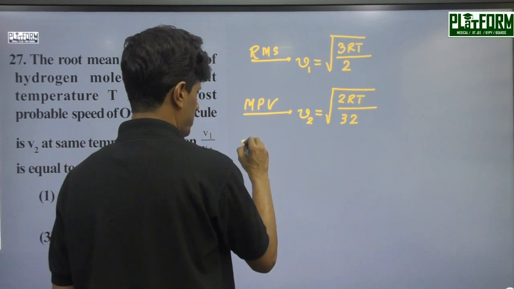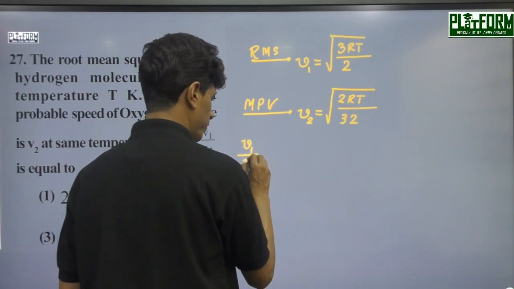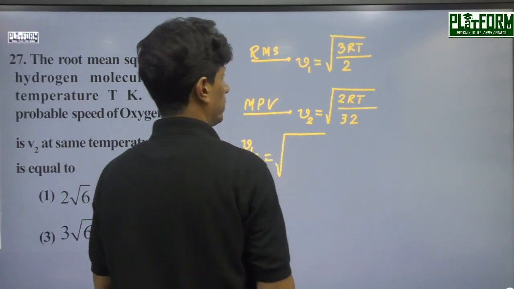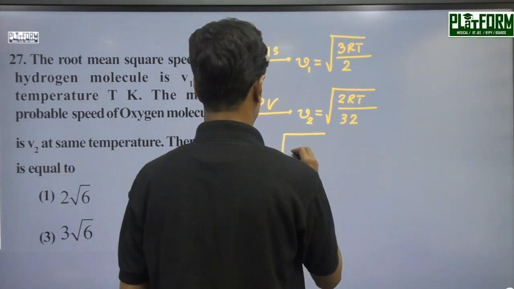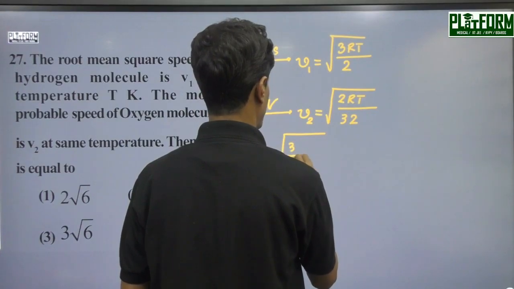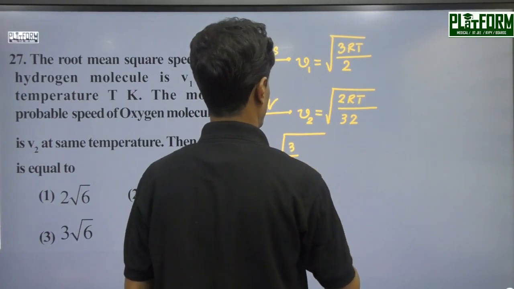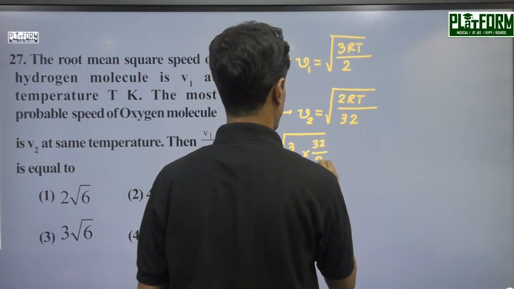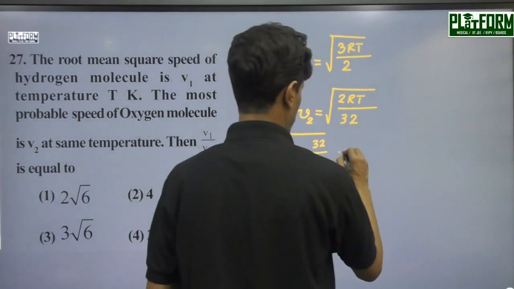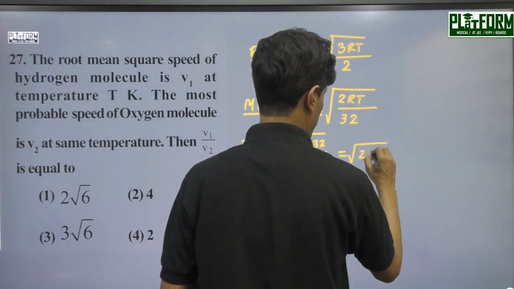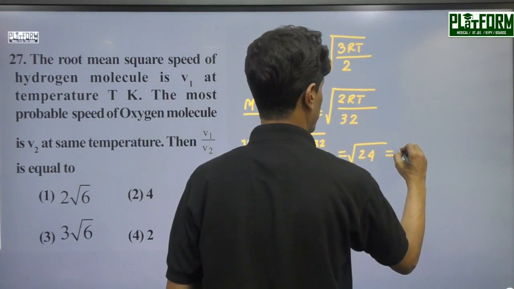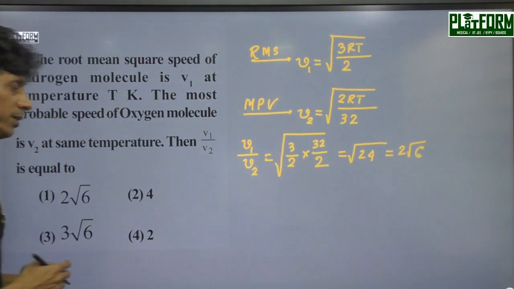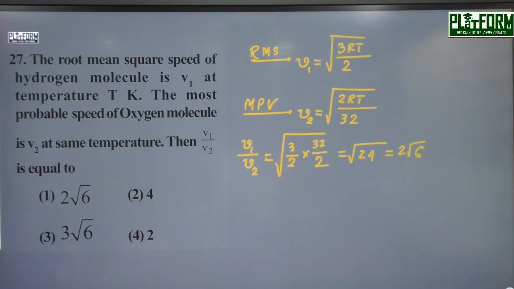Simple, straightforward question. If we find the ratio of V1 by V2, then it is root of 3 by 2 into 32 by 2. So this is 24, and it is 2 root 6. It is the ratio of the velocity V1 by V2.